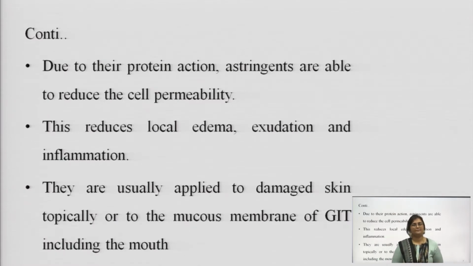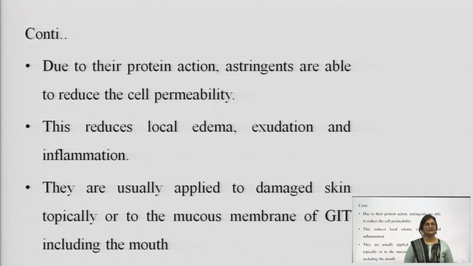They are usually applied to damaged skin topically or to the mucous membranes of the gastrointestinal tract, including the mouth. So, where are astringents applied? What are the areas where astringents show their action? They are applied to damaged skin.